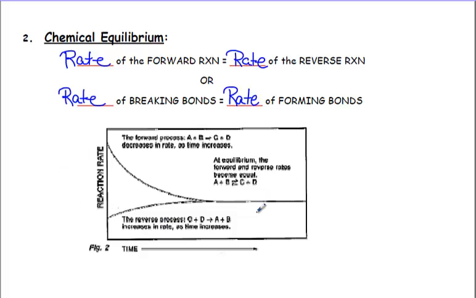So here in this diagram, I know it's hard to see and it's not very important, but the forward process, A plus B, is going to form C plus D, decreases in rate as time increases. The reverse process, same thing, C plus D is going to form A plus B and increases in rate as time increases.